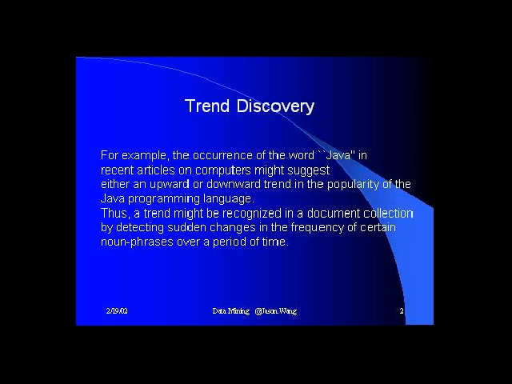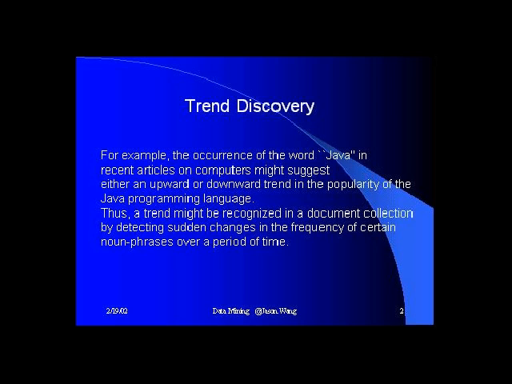So a trend might be recognized in a document collection by detecting sudden changes in the frequency of certain noun phrases over a period of time. For example, if we digitize all these newspapers, most of them are on the web in digital form.